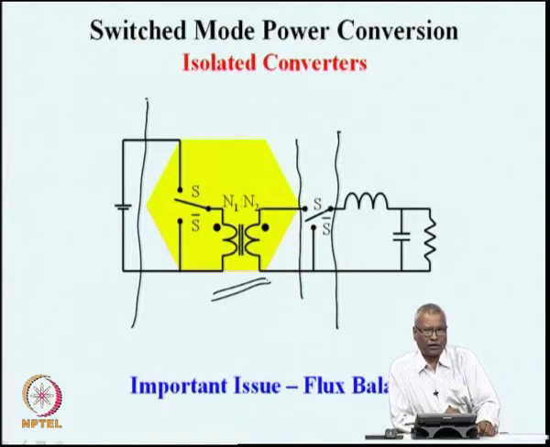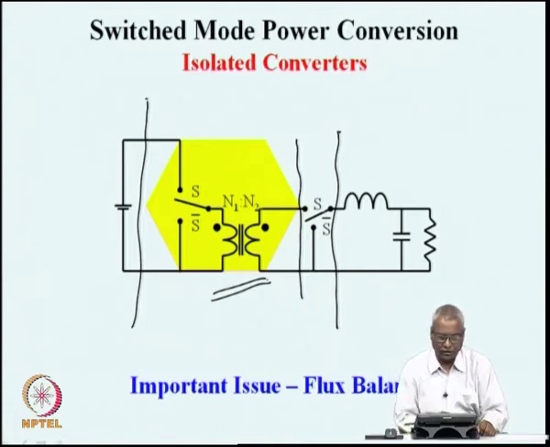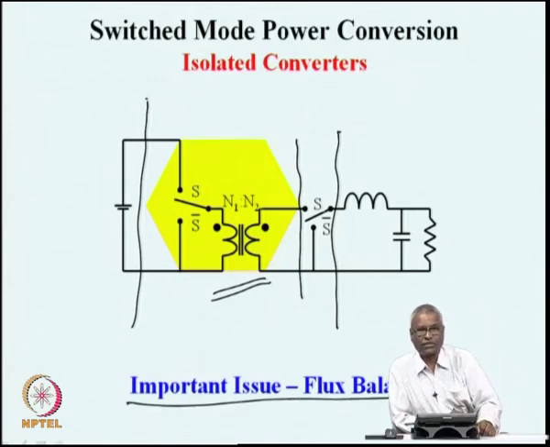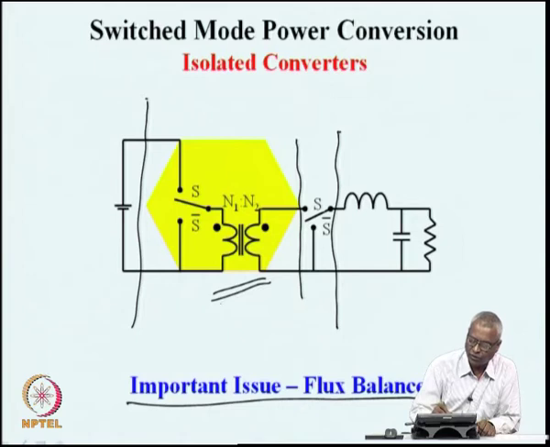There are several important points which have to be considered whenever we provide electromagnetic isolation, and one of the most important issues is known as flux balance. In any electromagnetic transformer, it is necessary that the transformer operates with stable flux which is within the saturation limits of the core, electromagnetic core that is used for the transformer.